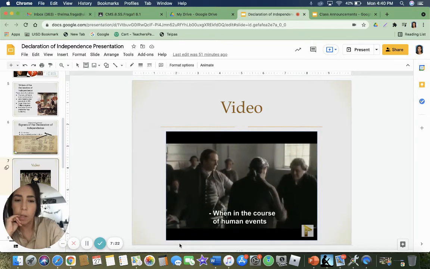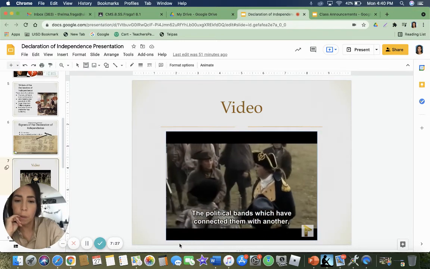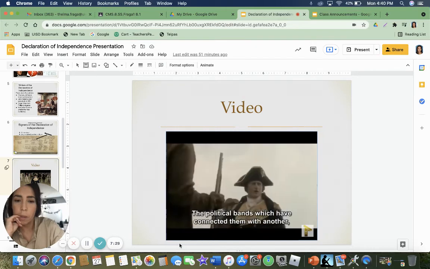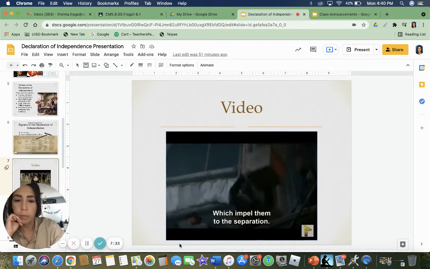When in the course of human events it becomes necessary for one people to dissolve the political bands which have connected them with another, a decent respect requires that they declare the causes which impel them to the separation.